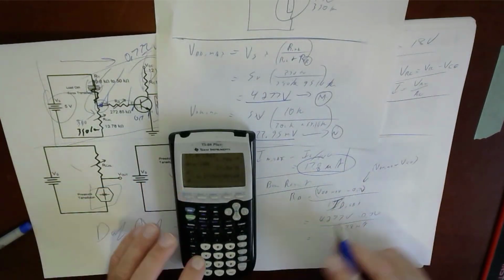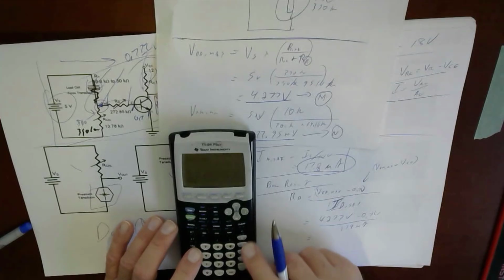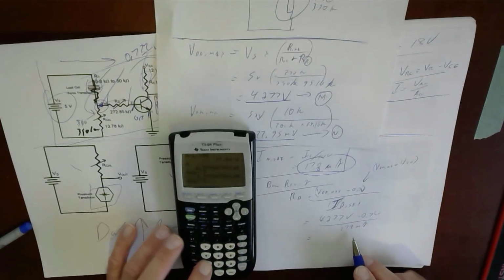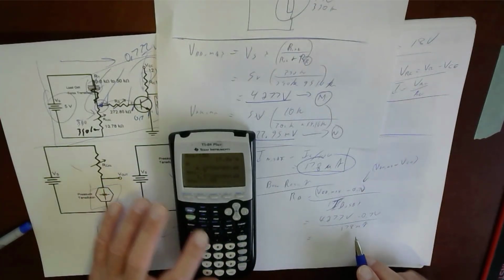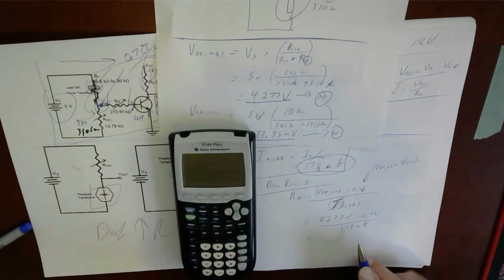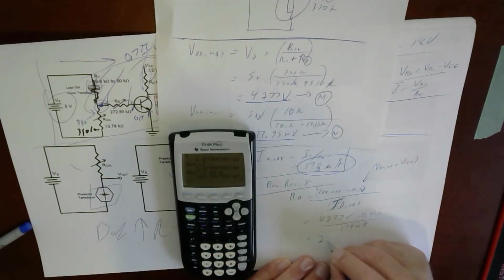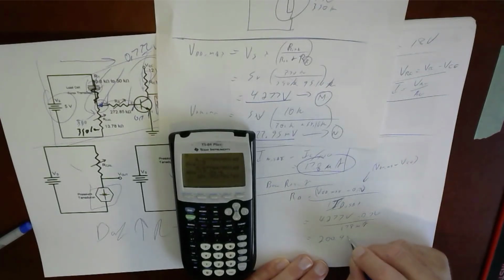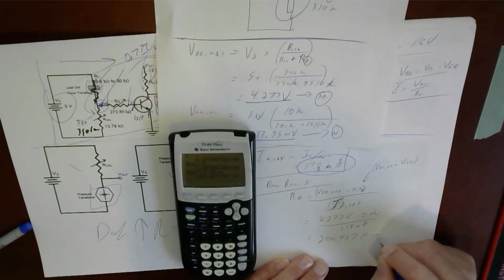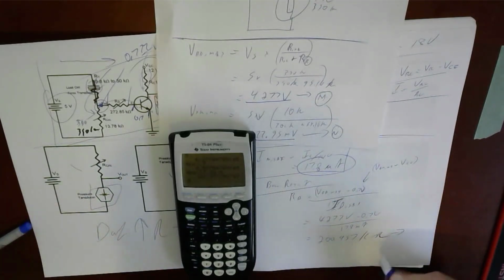Yeah, it's 4.277 minus 0.7 divided by 17.8 micro, and that's going to be 2.957 kilo ohms. Now I'm going to store that in B.